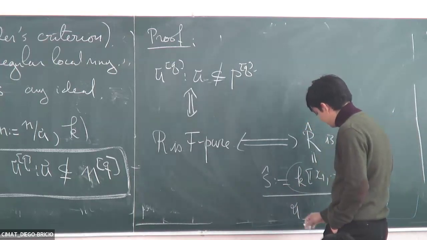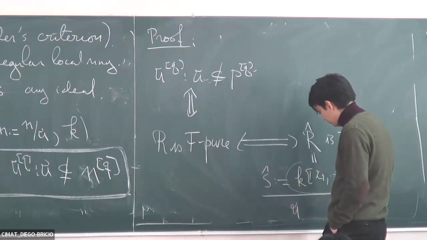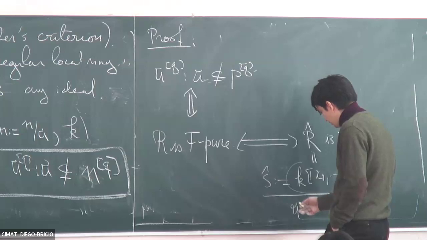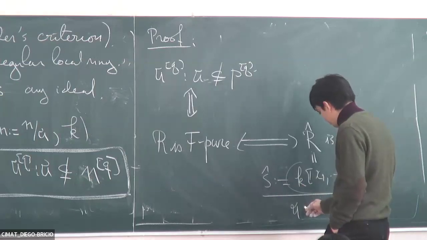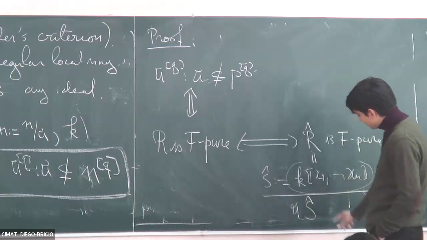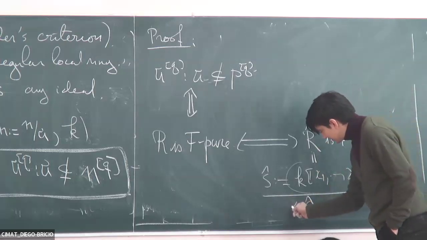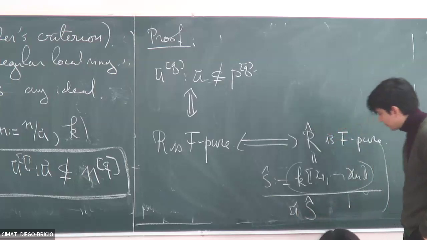So it's A extended to S hat. R hat is a quotient of S hat, and it's literally the same quotient, just the extension of the ideal.